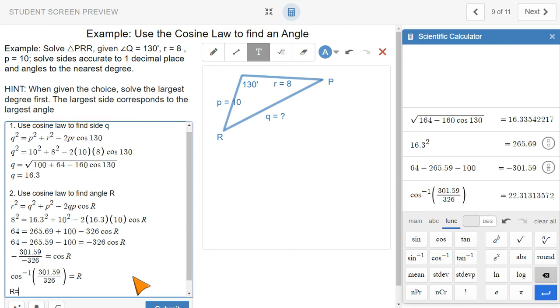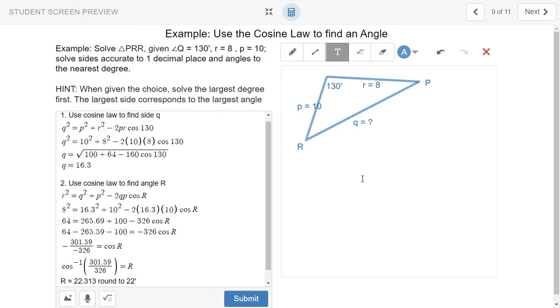And we have R is equal to 22.313. Let's round this, 22 degrees.